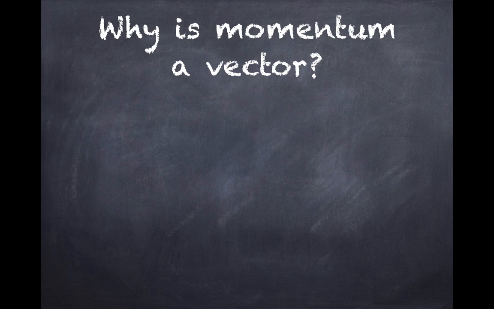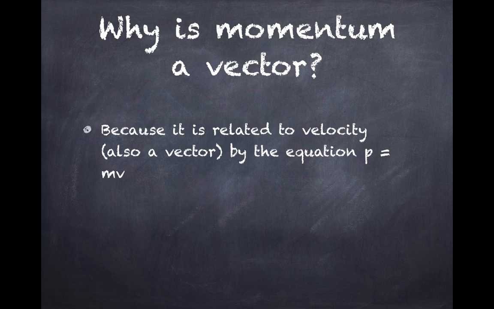Why is momentum a vector? I think I have a bit to explain on this topic. Momentum is a vector because, can anybody recall the formula of momentum? I'm going to give you some time. This is better than giving you the answer directly.